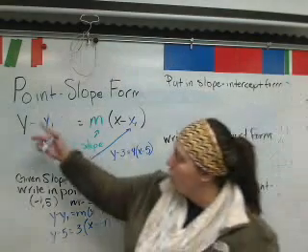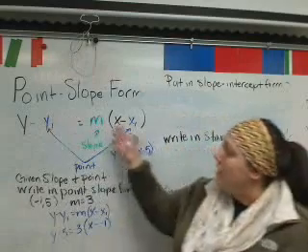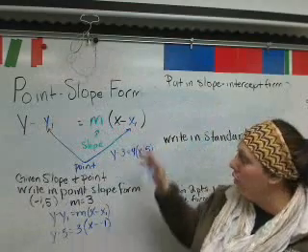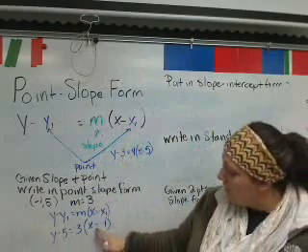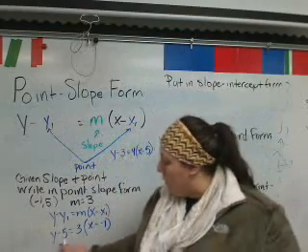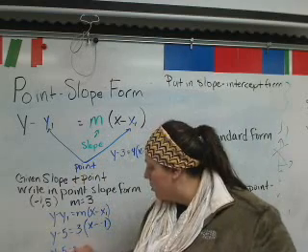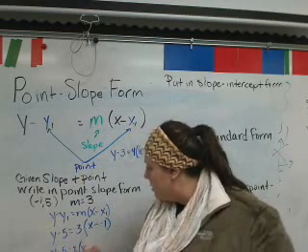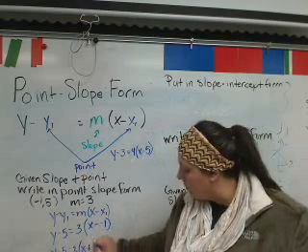That's really important on this point-slope form, that you keep this y minus and x minus. So you know that your point here is actually a positive point. If it's positive, it's going to be negative. So y minus 5 is equal to 3 times x, and minus a -1 is actually plus 1.